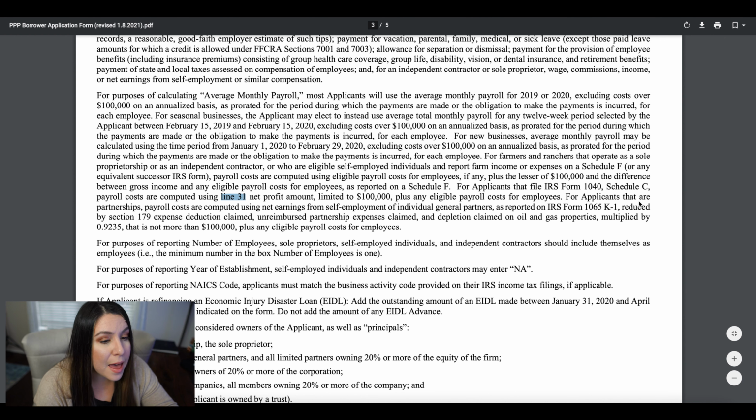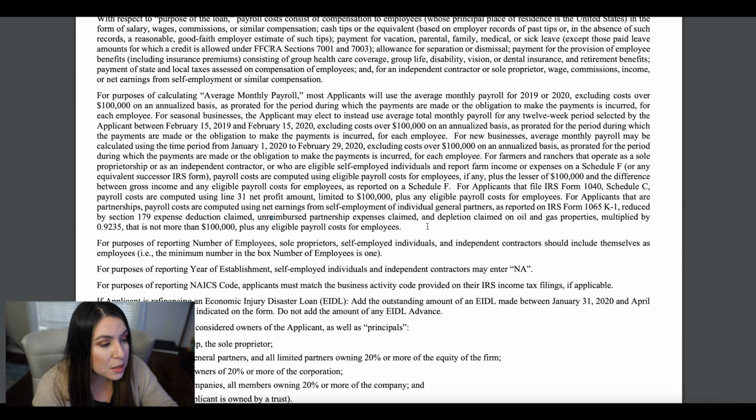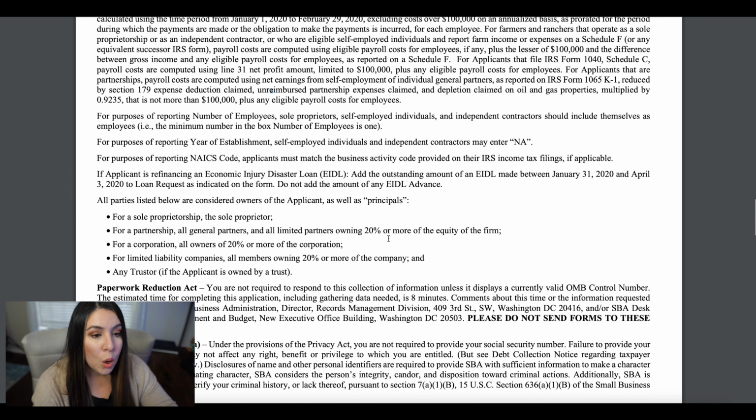For applicants that are partnerships, payroll costs are computed using net earnings from self-employment of individual general partners as reported on your 1065 K1, reduced by Section 179 expense deduction claimed, unreimbursed partnership expenses claimed, and depletion claimed on oil and gas properties, multiplied by 0.9235, that is no more than $100,000 plus any eligible payroll costs for employees. Whew.